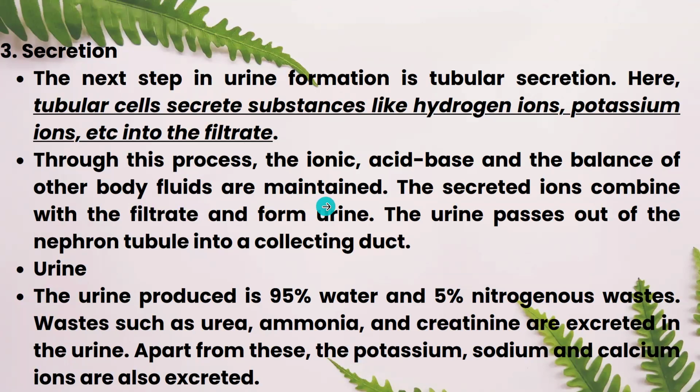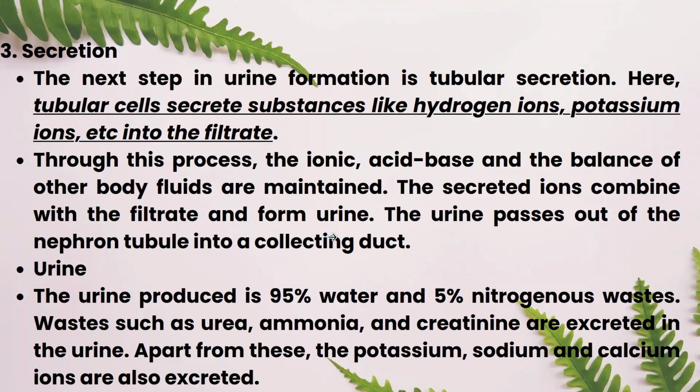In secretion, the acid and base balance takes place, so that the urine formed at the end has a proper acid-base balance. And the secreted ions combine with the filtrate to form urine.